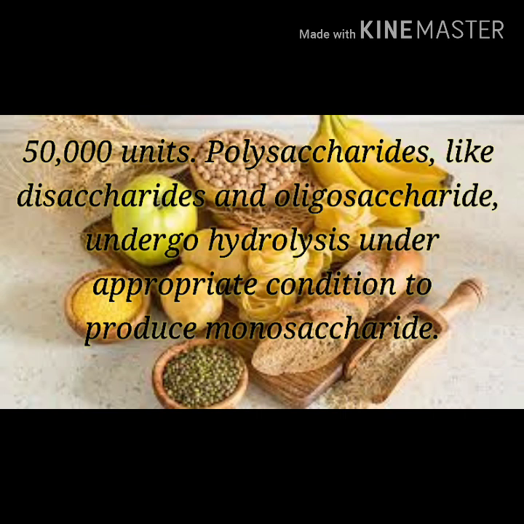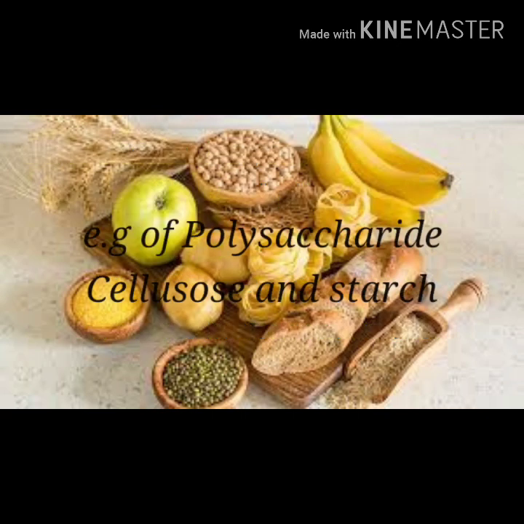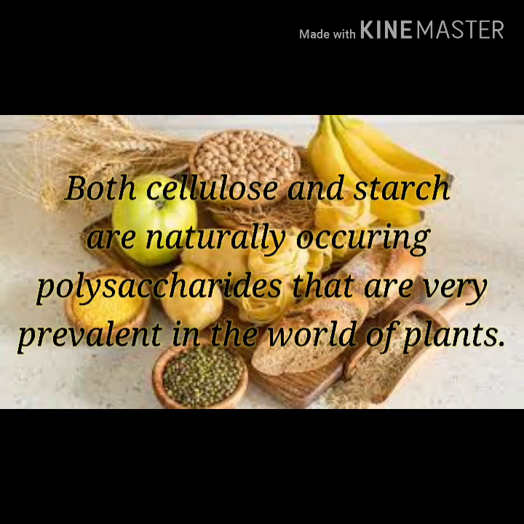Polysaccharides, like disaccharides and oligosaccharides, undergo hydrolysis under appropriate conditions to produce monosaccharides. Examples of polysaccharides are cellulose and starch, both naturally occurring polysaccharides that are very prevalent in the world of plants.